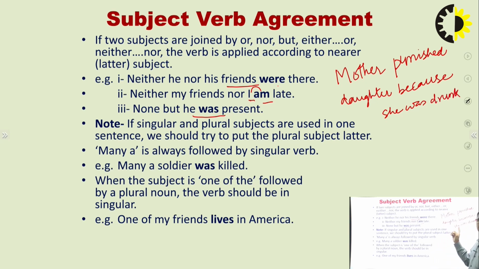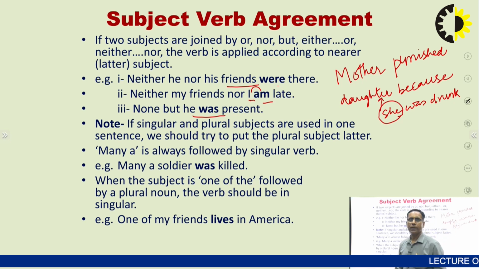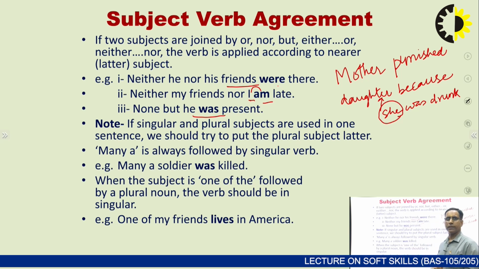Yes, we can check here. Mother punished daughter because she was drunk. So the sentence was trolled on Facebook, and everyone was saying, who is she? Is she the mother or the daughter? Meaning, was the daughter drunk or was the mother drunk? So whenever these types of confusions are there, always go with the grammatical rule and check the nearest subject. What is the nearest subject? She, the nearest is daughter. It means the daughter was drunk. So whenever this condition is there, we should check the nearest subject, right?